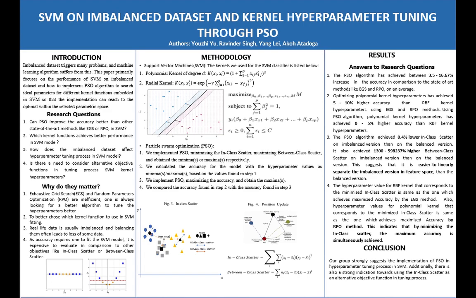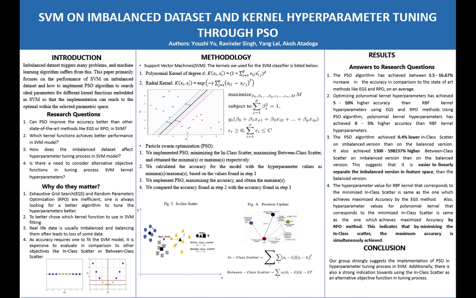Figure 3 and the equations for in-class scatter and between-class scatter can help understand this better. This optimization would lead to a better linear separation in the feature space, as shown in the figure in the left bottom corner.